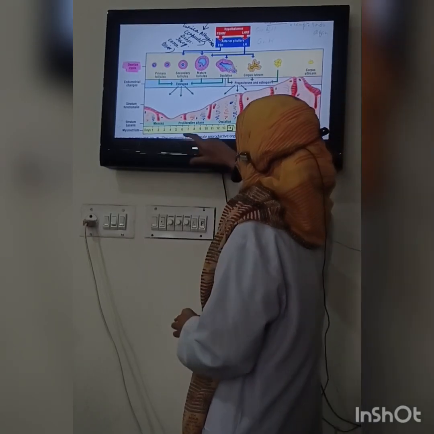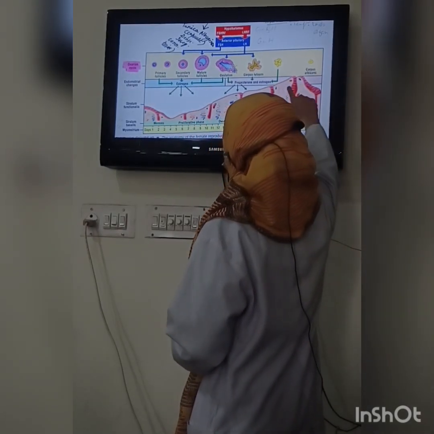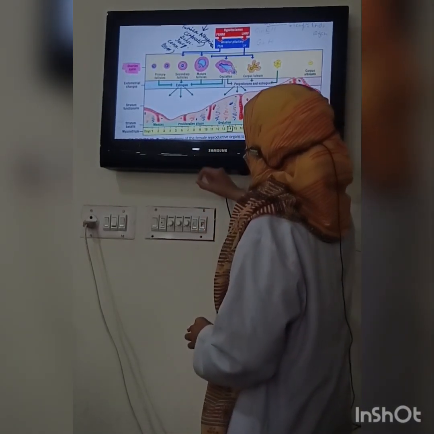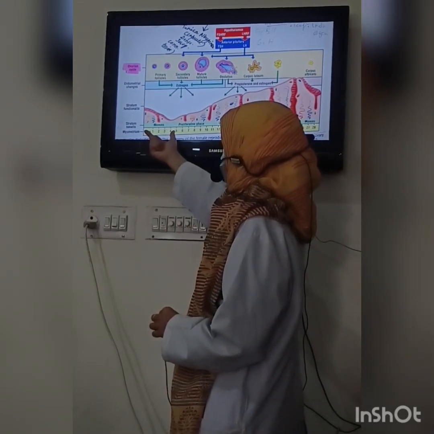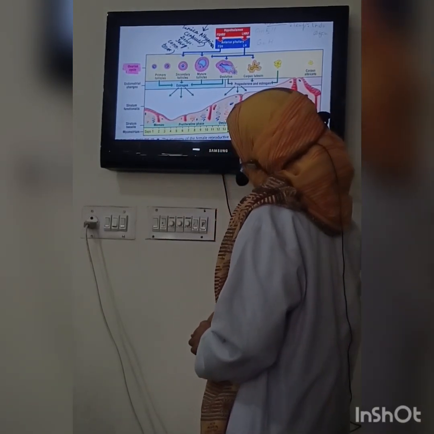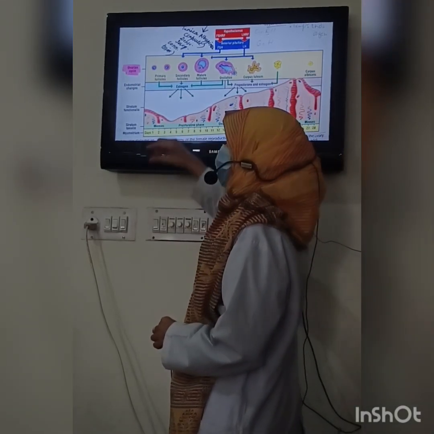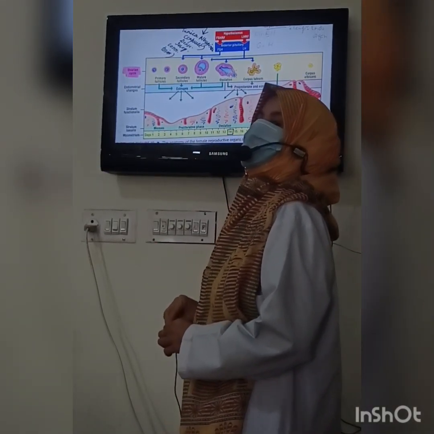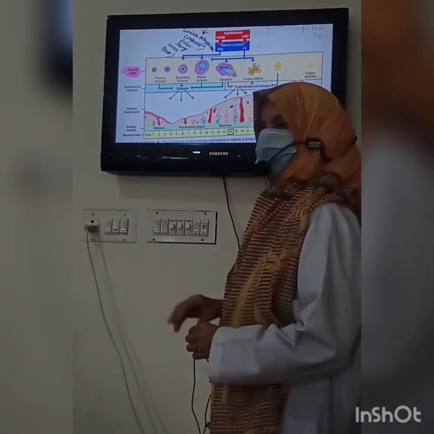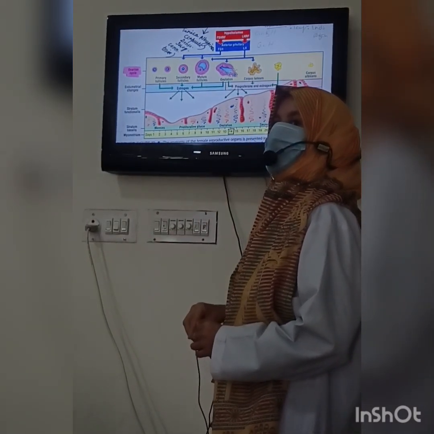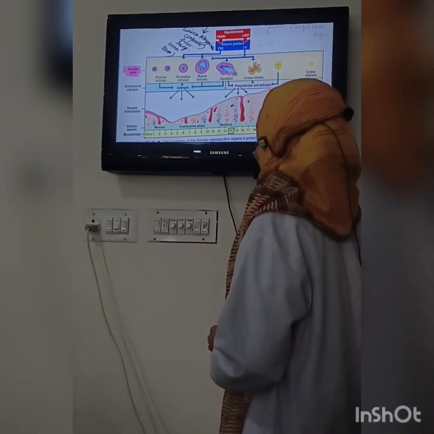Now what we see here in the uterine cycle or menstrual cycle is that the initial 3 to 4 days are the menstruation phase or bleeding phase. Later on, what happens? The endometrium becomes thin, just like a thinner band, because the functional layer is being shed off. The basal layer remains.